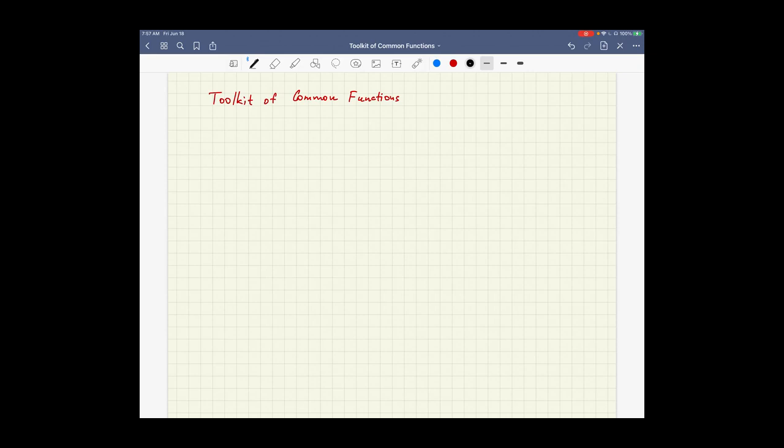The simplest function of all of them is the constant function.